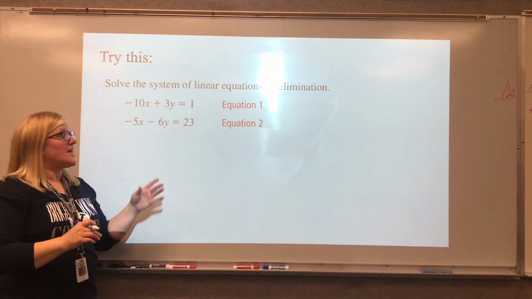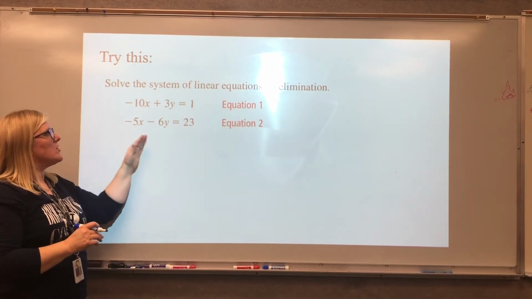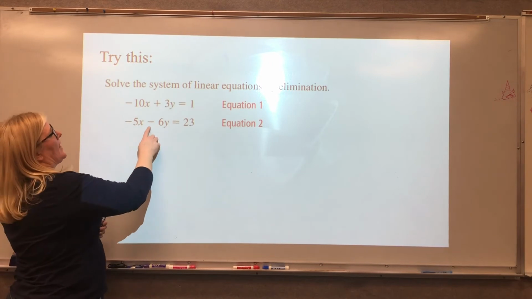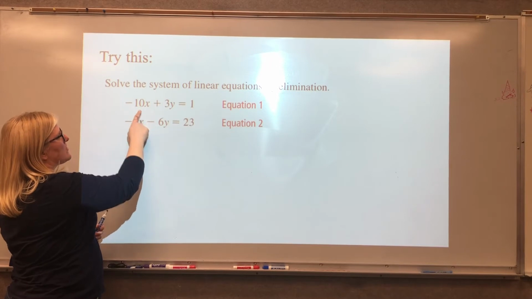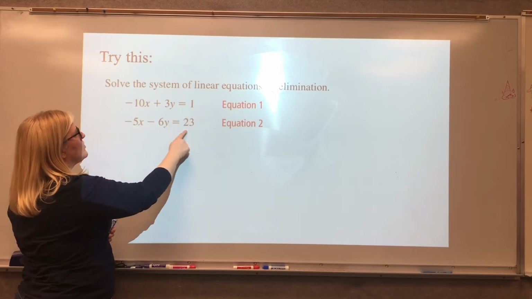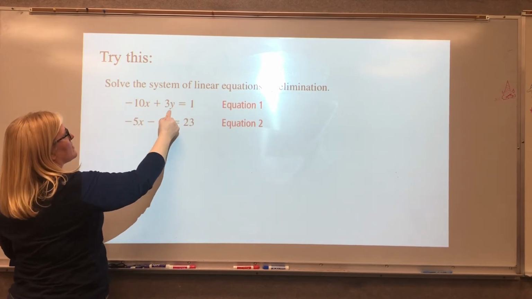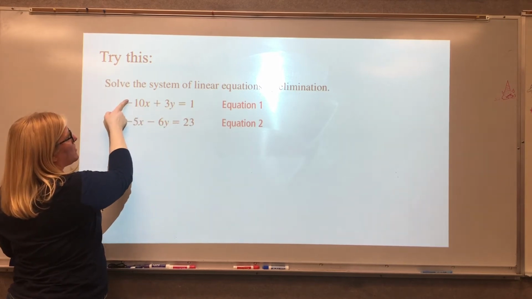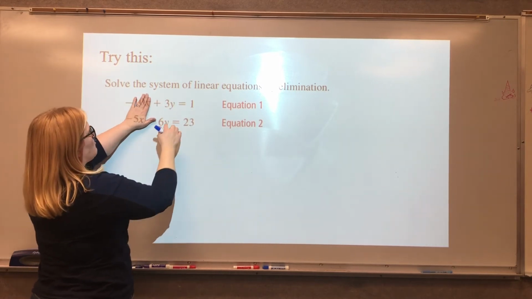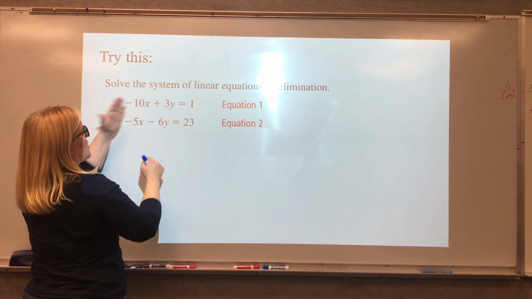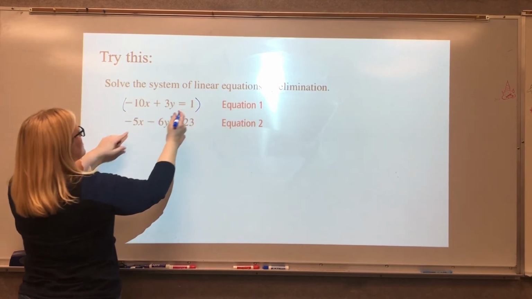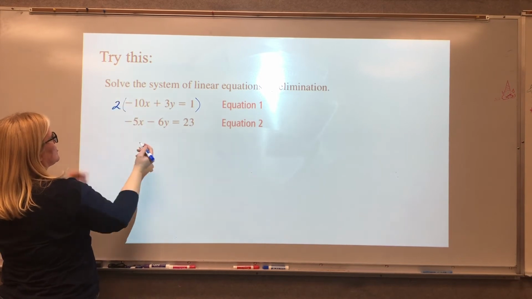Now this one, again, we've got numbers everywhere, but look closely. 5 is a factor of 10. And the same thing here, 3 is a factor of 6. So I could multiply the top by a 2 and get 6, and the y's would drop out. Let's do that. We could also do that with the x's too, but let's just do this.